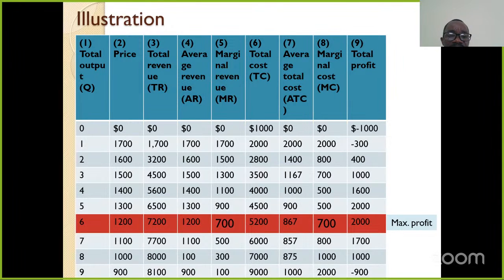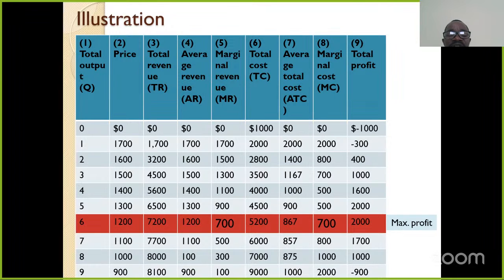You see that the amounts there are equal. We have $700 for marginal revenue being equal to $700 for marginal cost. So this is the point where we are achieving maximum profit. As the rule says, maximum profit is achieved at the point where marginal cost equals marginal revenue.